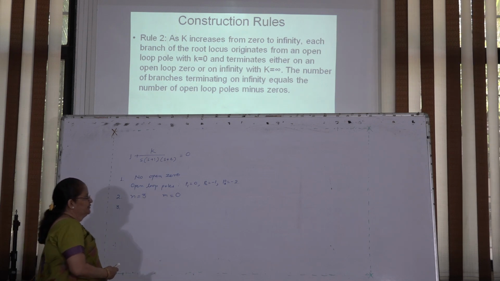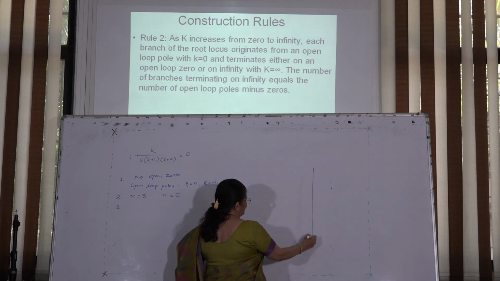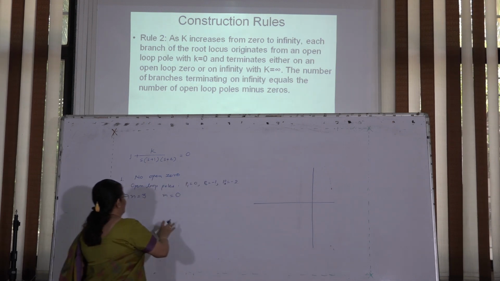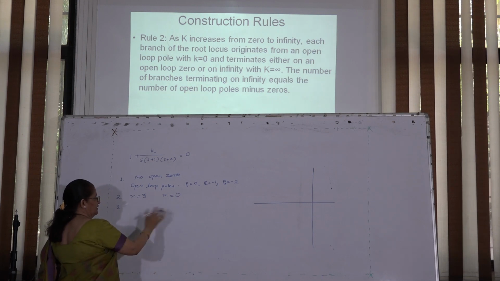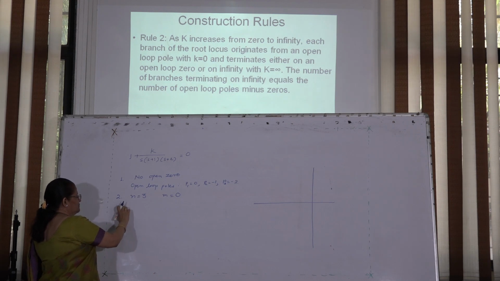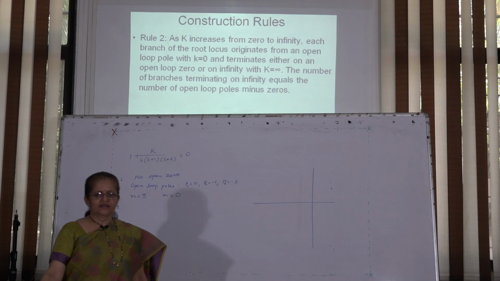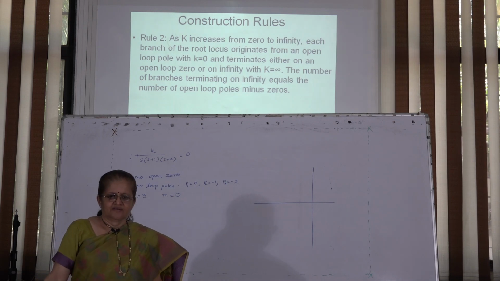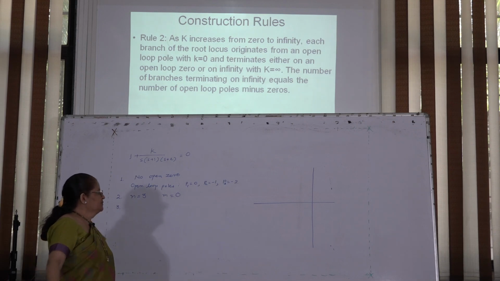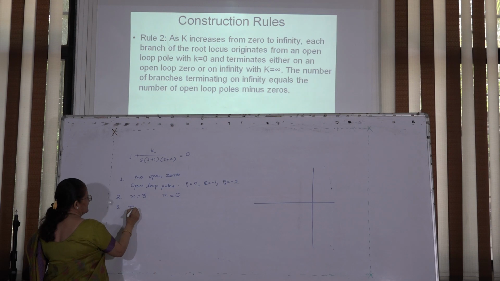We will try to draw the root locus now. You can first write or describe, then draw; both ways work. When k is 0, the root locus originates from an open loop pole. How many branches will there be? 3 open loop poles are there, so there will be 3 branches.